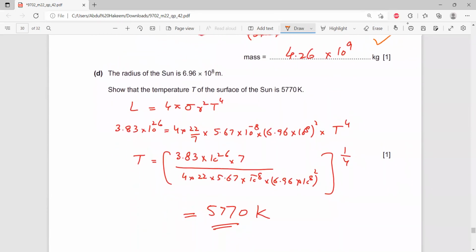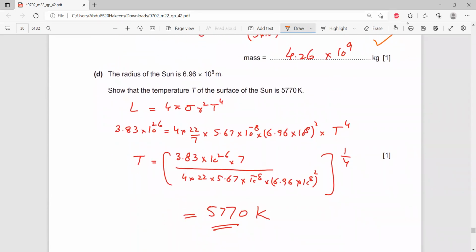Next, the radius of the sun is 6.96 × 10^8. Show that the temperature is 5770 Kelvin. Look, L, luminosity, is equal to 4πσr²T⁴. Luminosity is given, 4 pi, and the Stefan-Boltzmann constant from the data sheet is 5.67 × 10^-8.